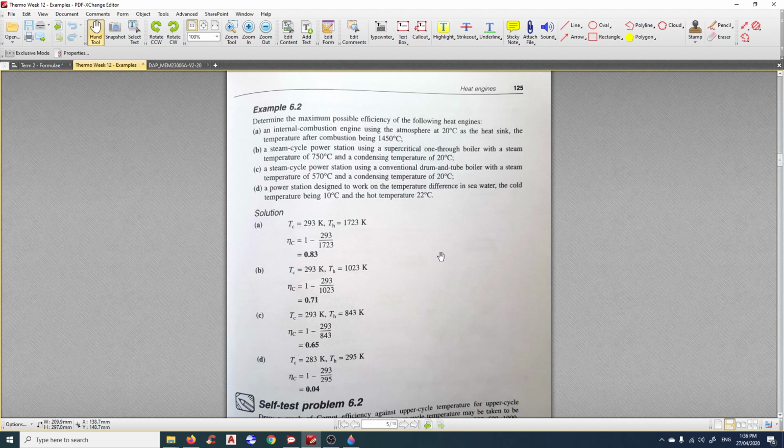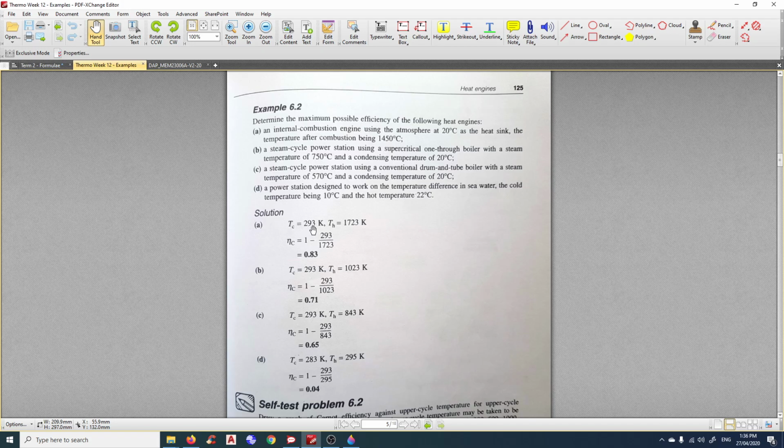Quickly, we have an example here. Question A: if an internal combustion engine uses atmospheric temperature as a heat sink at 20 degrees, and the temperature after combustion is 1450 degrees Celsius, what is the maximum possible efficiency?